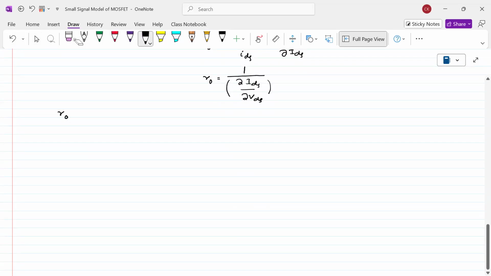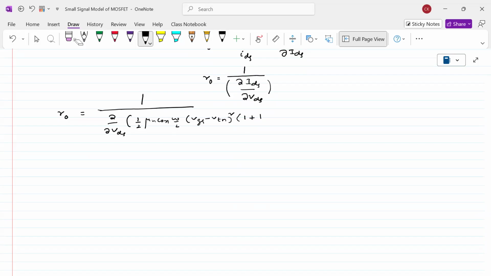According to this definition, what kind of equation do I have to consider? dou by dou VDS of 1 by 2 mu n Cox W by L into VGS minus VTN whole square into 1 plus lambda times VDS.